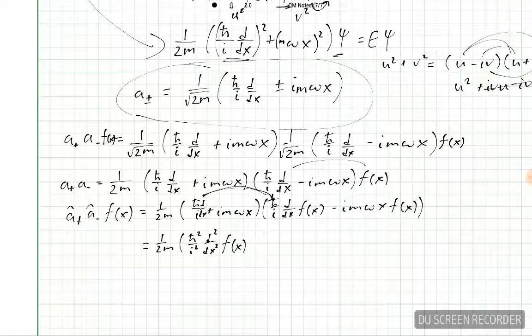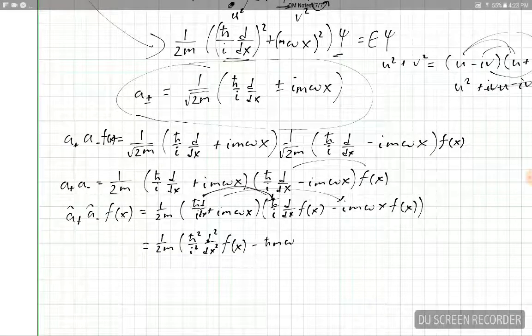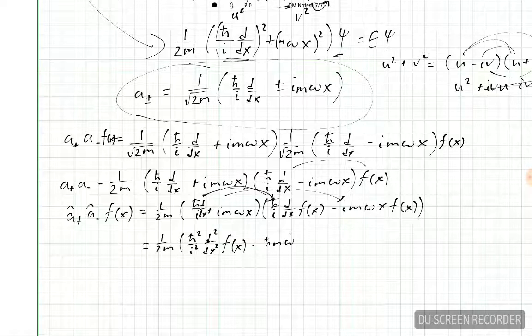So I take now the second derivative of my function f of x. Then I get minus, my i's cancel out, h bar m omega, oops, well yeah, we can put those out in front, that's fine, h bar m omega, and then I have d/dx acting on x f of x.